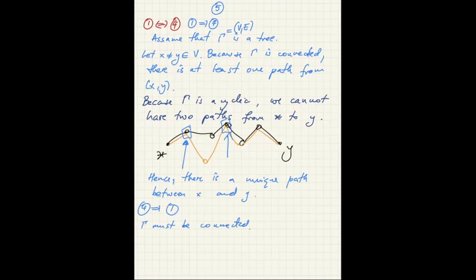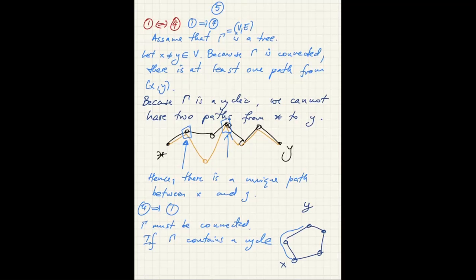And the other one is by contradiction: if gamma contains a cycle, it's easier to just draw it. Let's say you have a cycle like this. Then you can take two vertices on that cycle, X and Y, and from X to Y there are two paths that you can go.